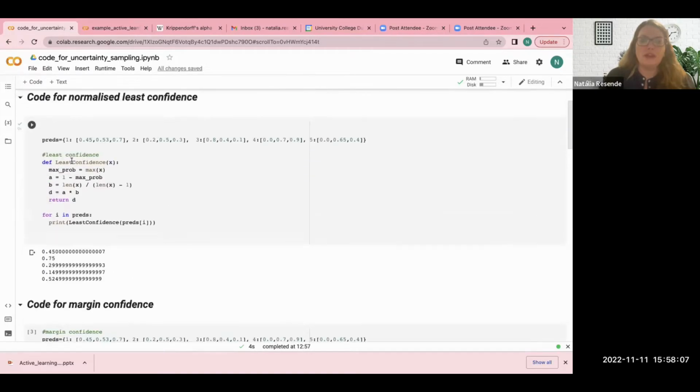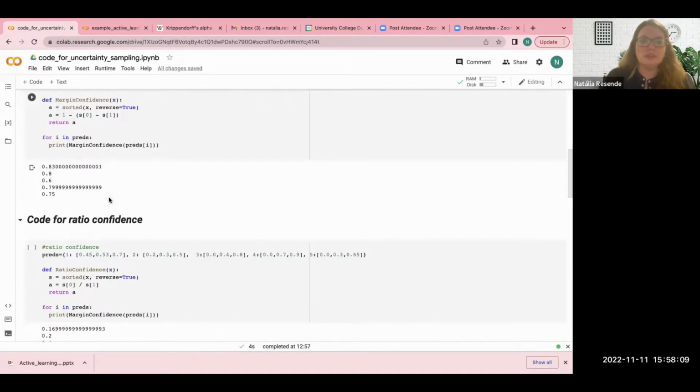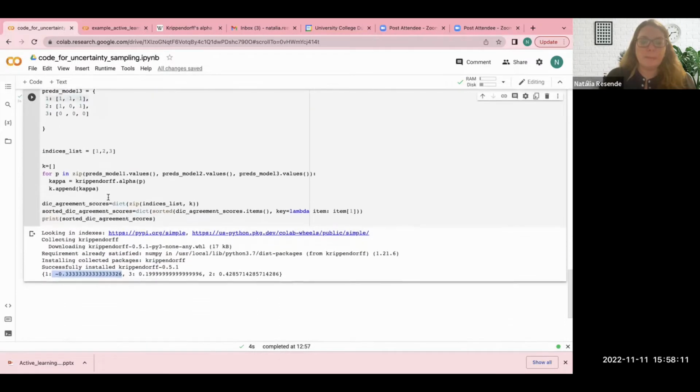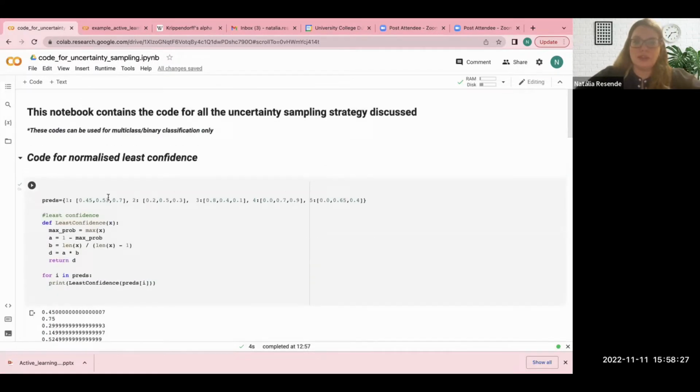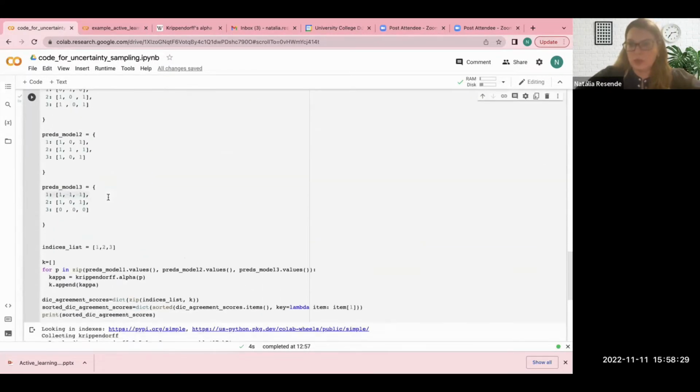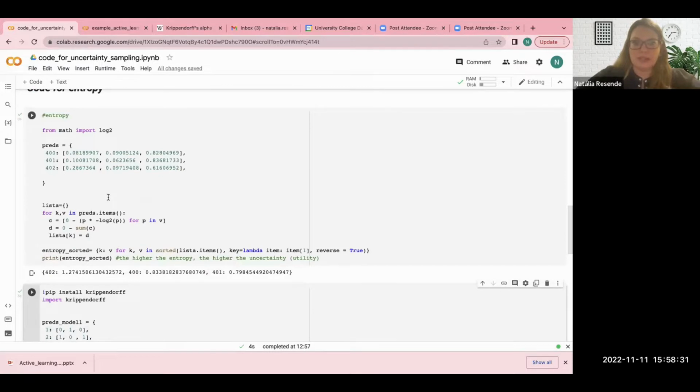Any questions here on the code? No? Okay. In the next session, number 3, we are going to have the chance to work on a real world use case for NLP, and compare all of these strategies and see which one is the best for our use case.